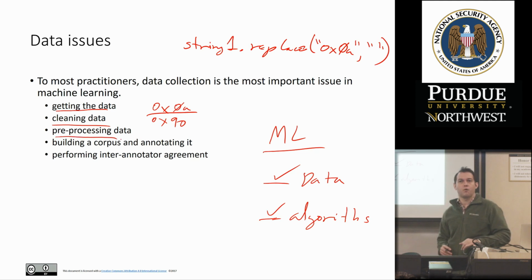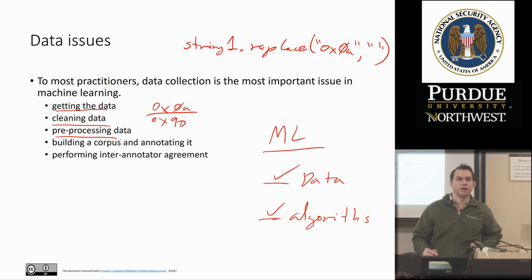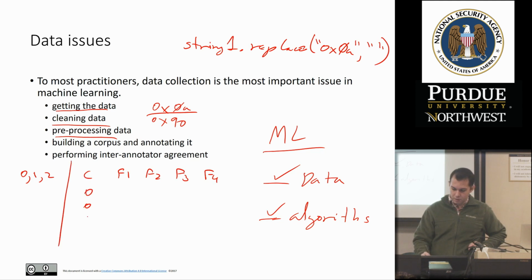This may have something to do with formatting the data. So files need to be in a specific format for machine learning. We talked about the Iris data set, right? Iris consists of 3 classes, 0, 1, 2, and then we have 4 features, F1, F2, F3, F4. So if we have a class, the class is 0, 0, 1, 1, 2, and then these are the values, right? 3, 5, 7, 7, 4, 5, 2, 1, and so on.